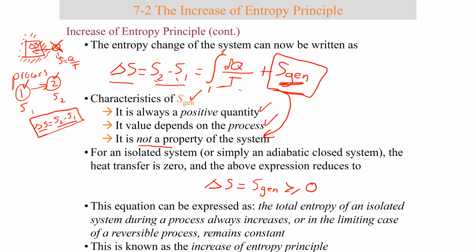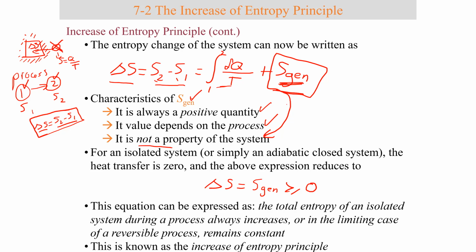It's very similar to the arguments that people use for the entropy of the universe increasing. If you consider the universe to be an isolated system, nothing crossing the boundary into the universe from outside the universe, the change in entropy of the universe has to equal entropy generation.